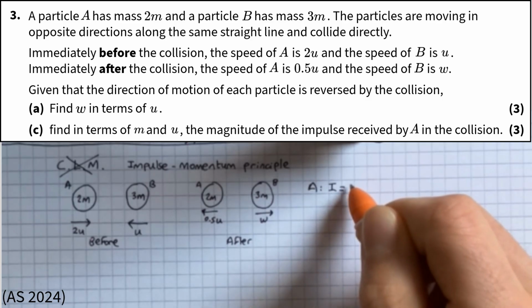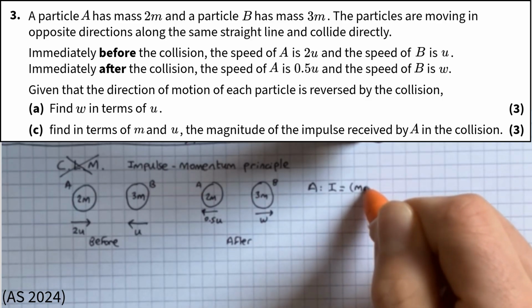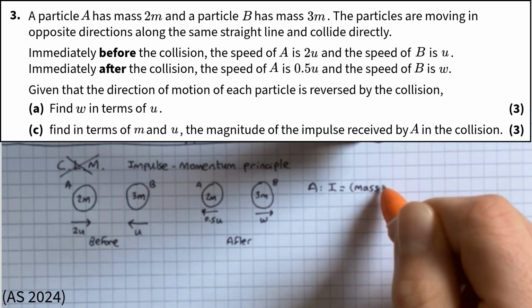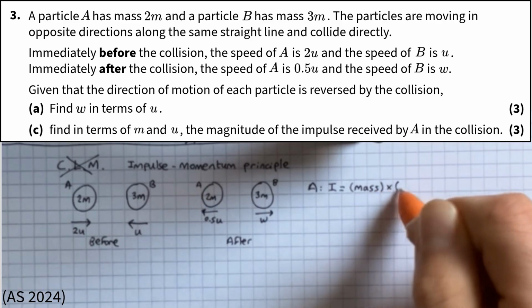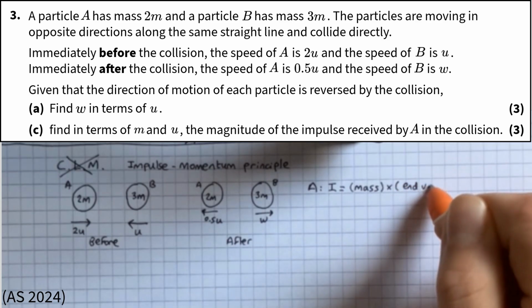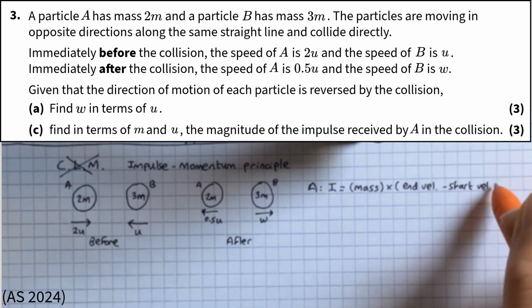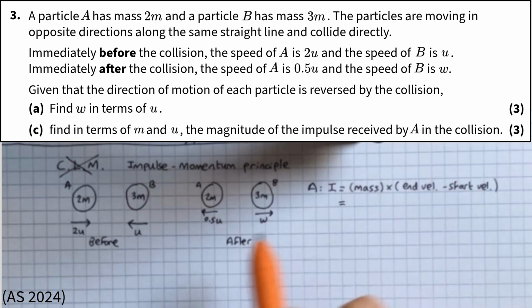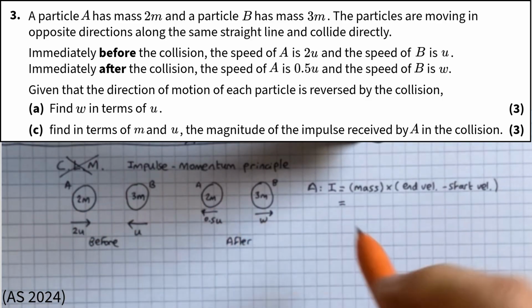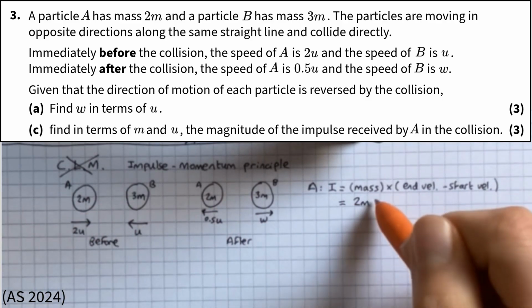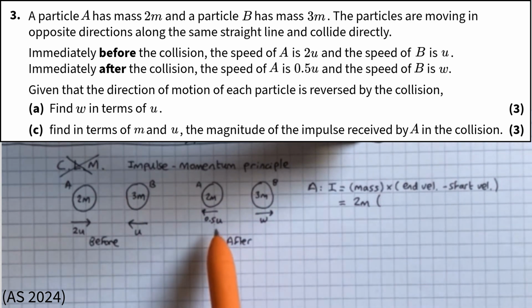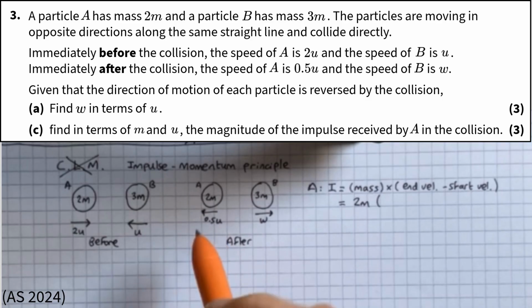I'm going to consider particle A, just like before. Impulse is mass times by the end velocity subtract the start velocity. The mass of A is 2m. The end velocity, well, I have to consider which way is positive.